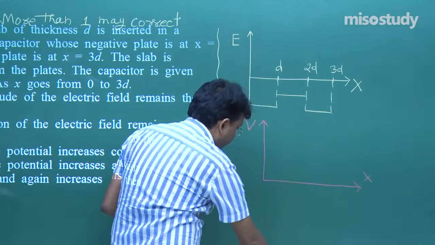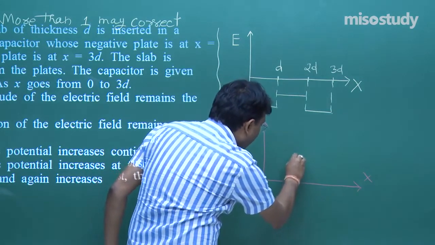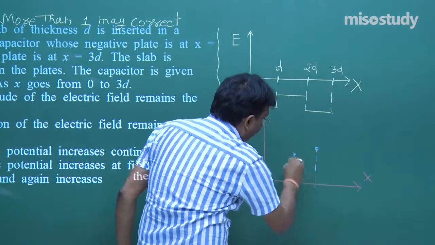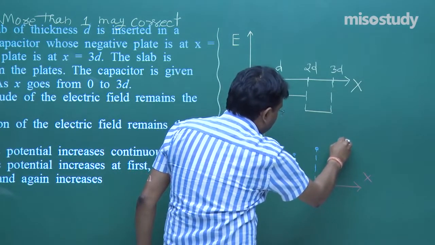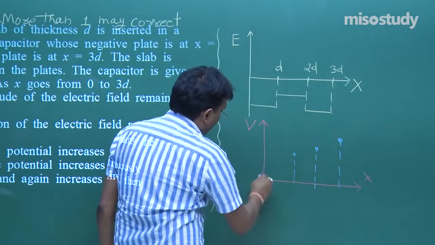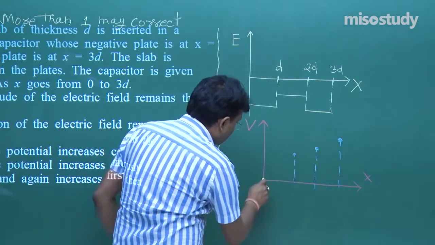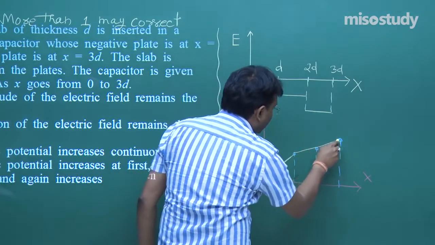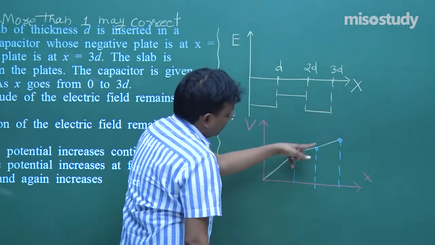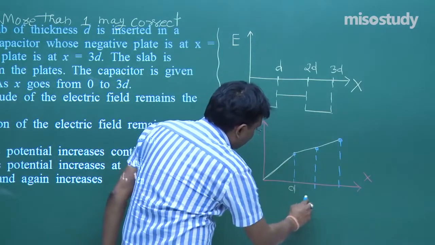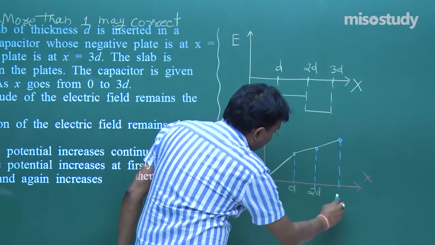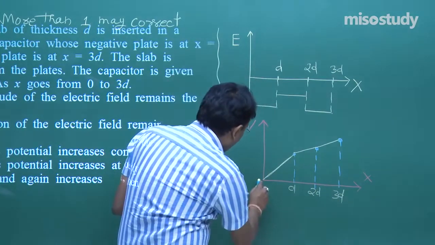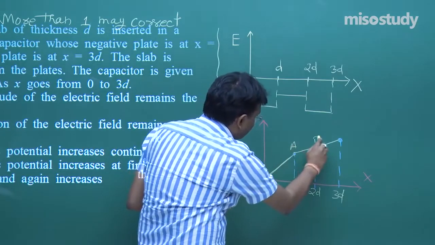Now, what is happening? And if you just match these lines, you can say it is enhancing, basically it is enhancing, fine. So, it is D, it is 2D, it is 3D. Okay. Now, it is O, it is A, it is B.